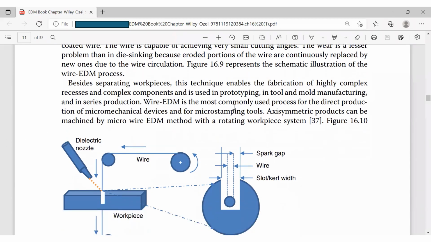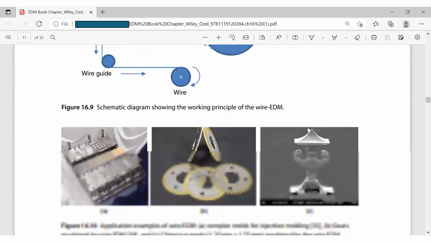Wire EDM is the most commonly used process for direct production of mechanical devices and for micro stamping tools. Axisymmetric products can be machined by micro wire EDM with a rotating workpiece system.